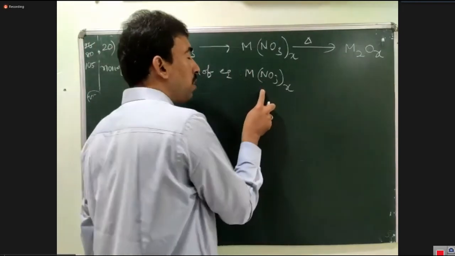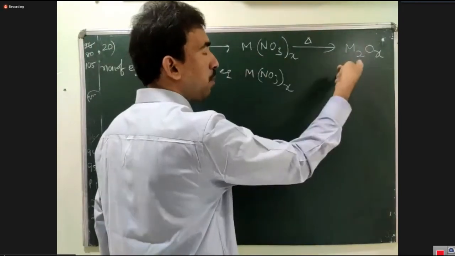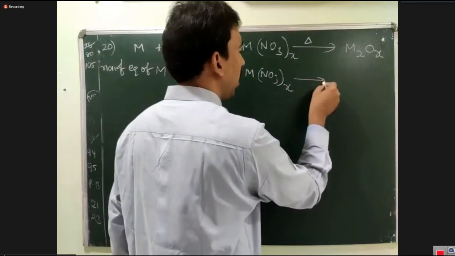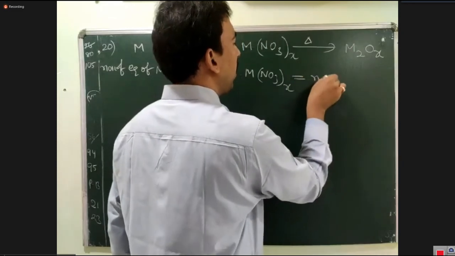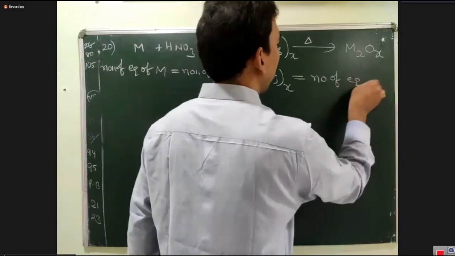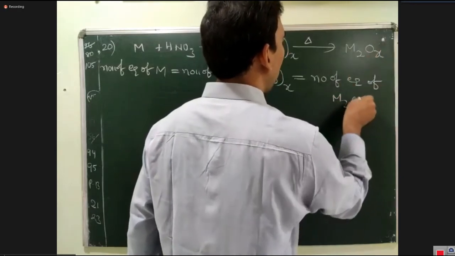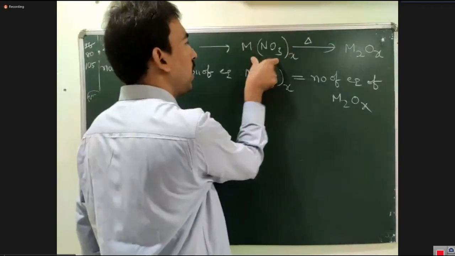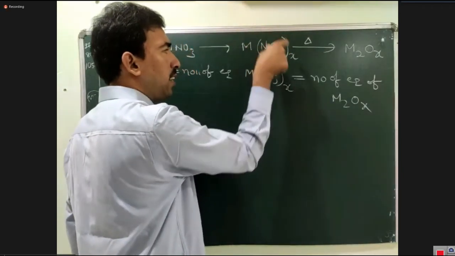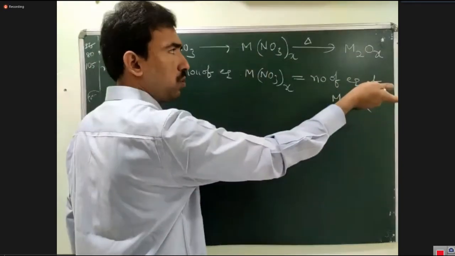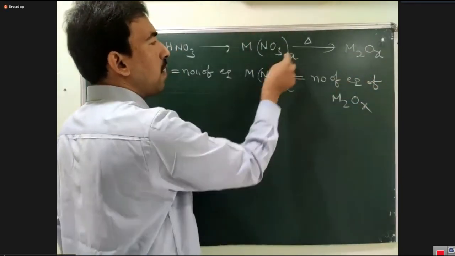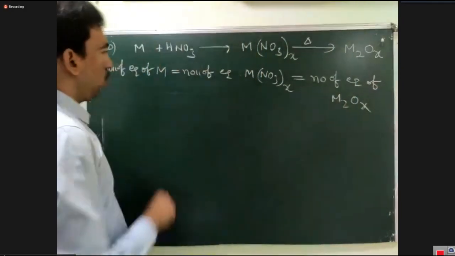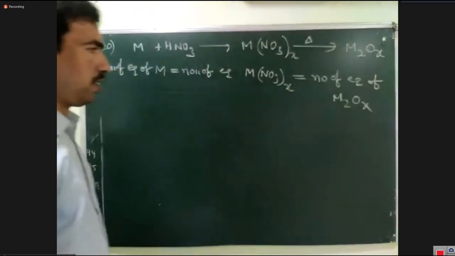That metal nitrate is then decomposed, so the number of equivalents of metal nitrate formed, which converts into oxide, is equal to the number of equivalents of M2OX. As many equivalents as are formed will be decomposed further, so all these equivalents we can equate.